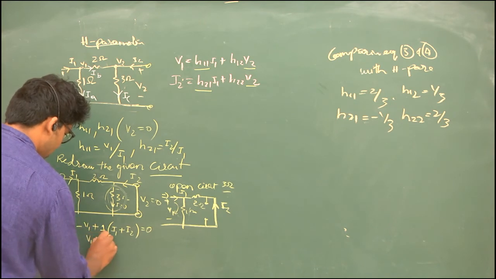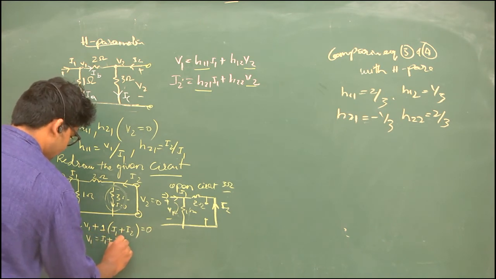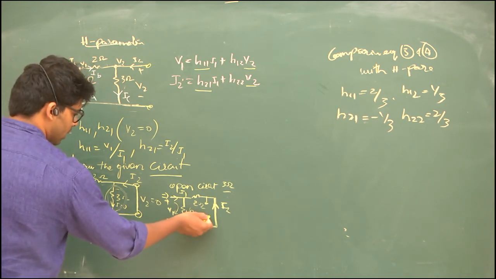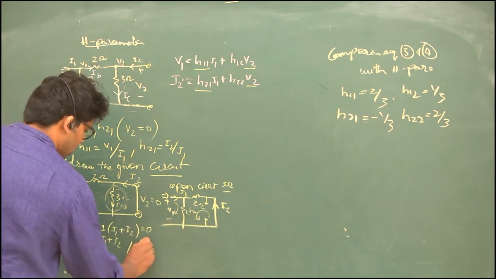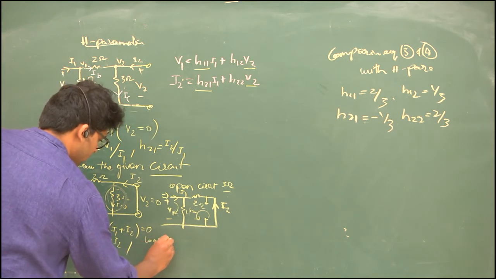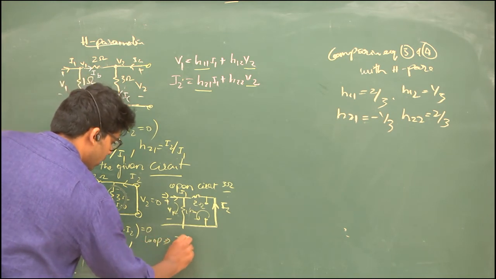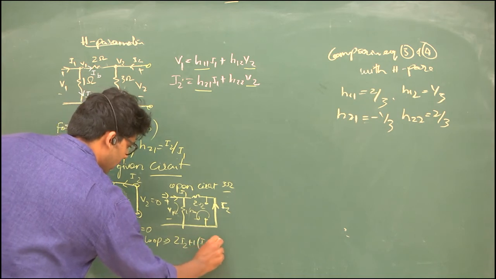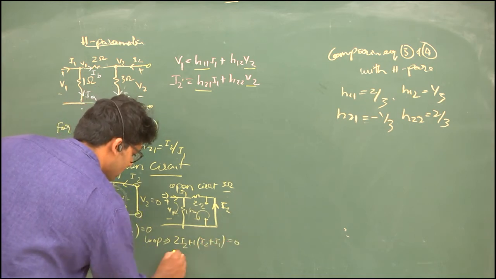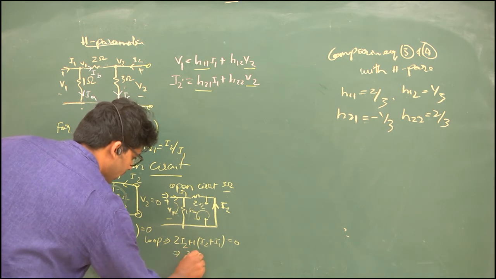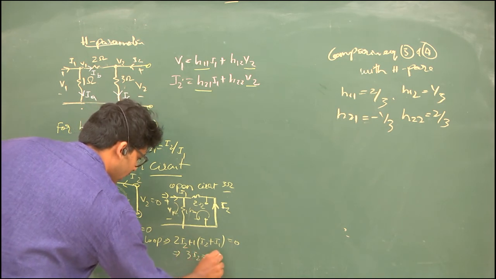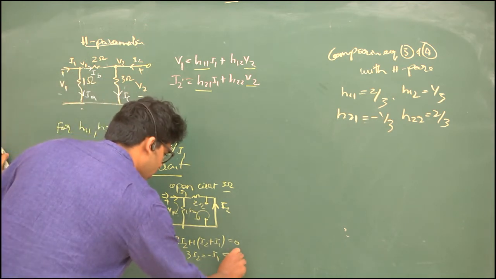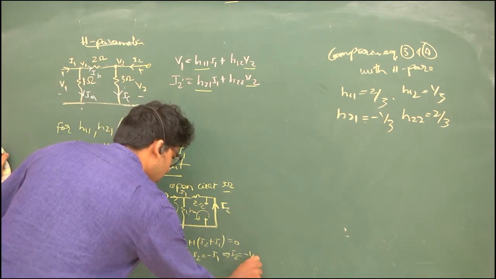Therefore, V1 equal to I1 plus I2. Again, from loop 2, 2 into I2 plus 1 into I2 plus I1. Therefore, on further calculation, you will get 3 I2 equal to minus I1. Therefore, I2 equal to minus 1 by 3 I1.